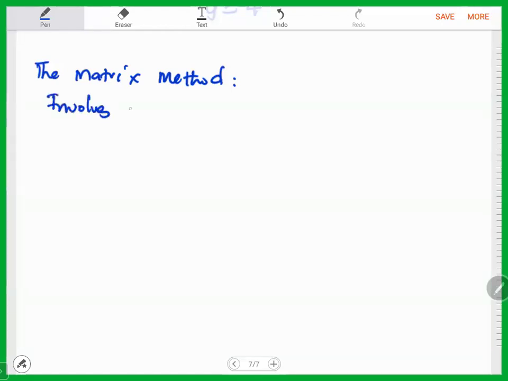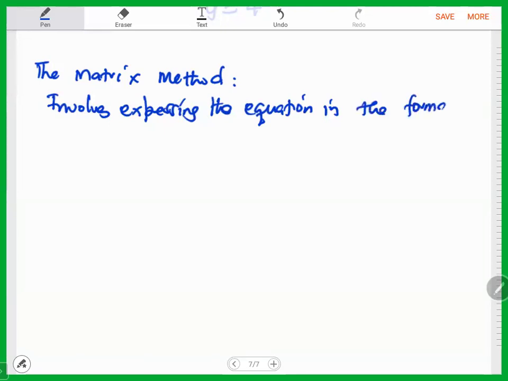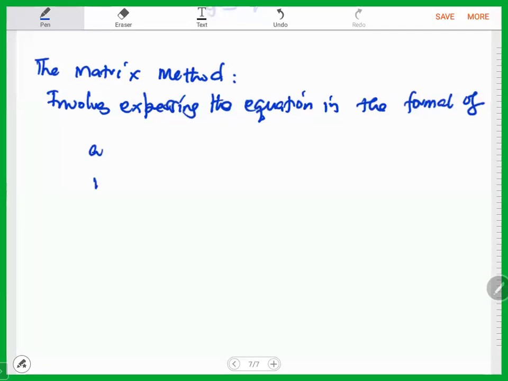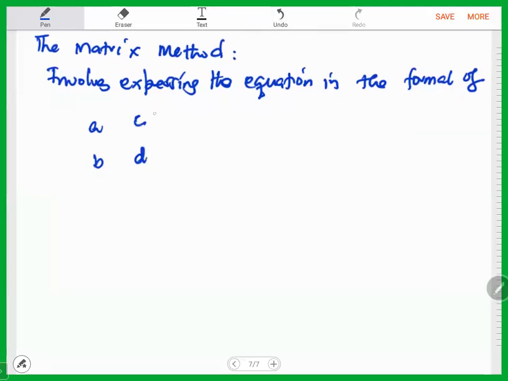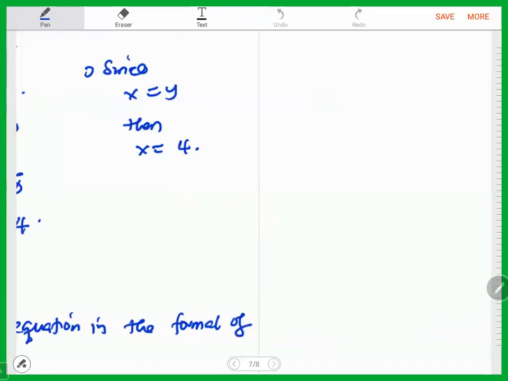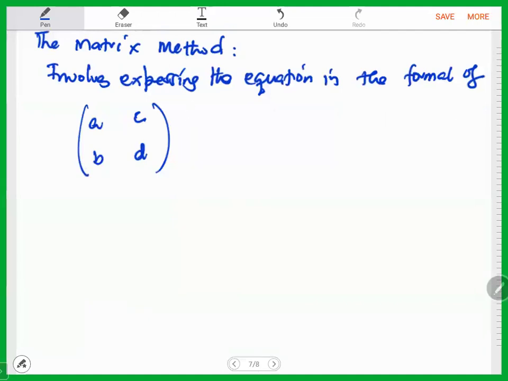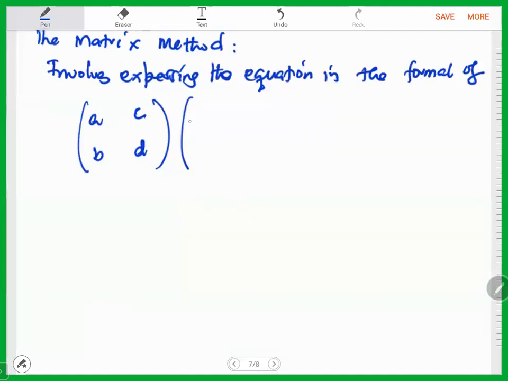So this one involves expressing the equation in the format of A, B, C and D, into xy being equal to EF.